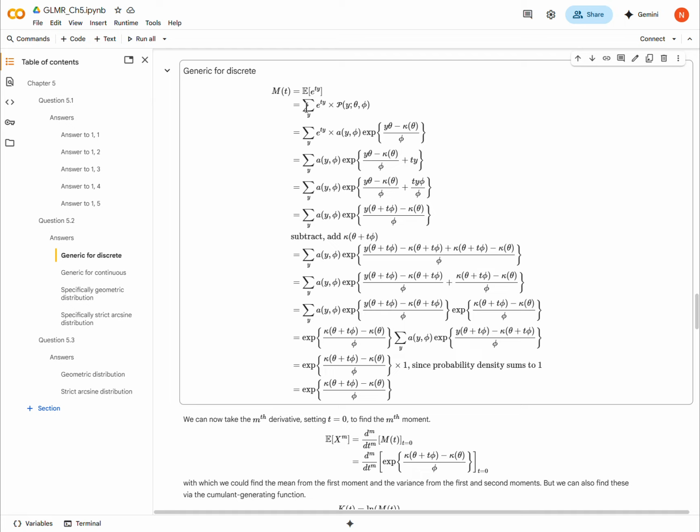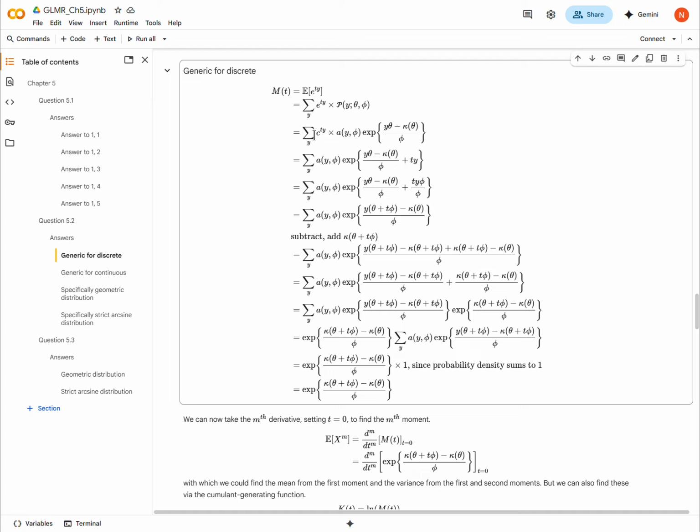All right. And so what does that look like? Well, to take the expectation of a random variable, here our random variable is e to the ty. Well, then I put the value of e to the ty, right? So y is changing, therefore e to the ty is changing. And then I multiply that by the probability of that y occurring, and then I do that for all y's, right? And that gives me the mean of e to the ty, right? And then we will find moments that correspond to the mean and the variance.